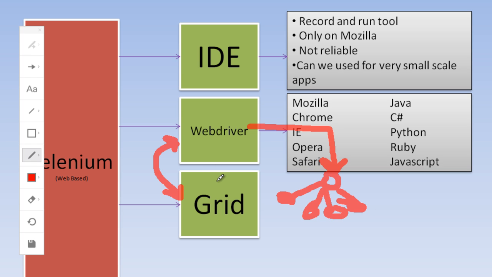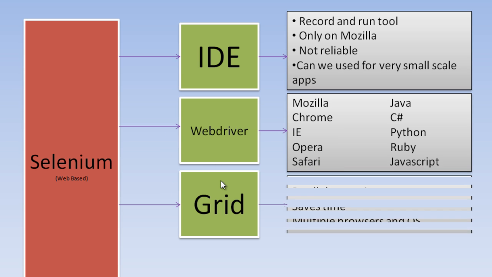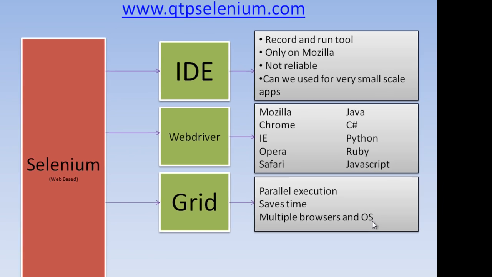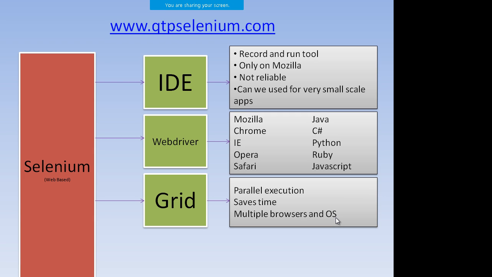So basically, in a crux, GRID is something which helps you for parallel execution. It saves your time and it can test your application across different browsers and different operating systems as well. Because when you're running parallelly, you can have a Windows operating system, you can have Mac, or you can have Linux, whatever you want. You can execute one test case on multiple operating systems or multiple test cases on multiple systems. It depends all on your configuration.